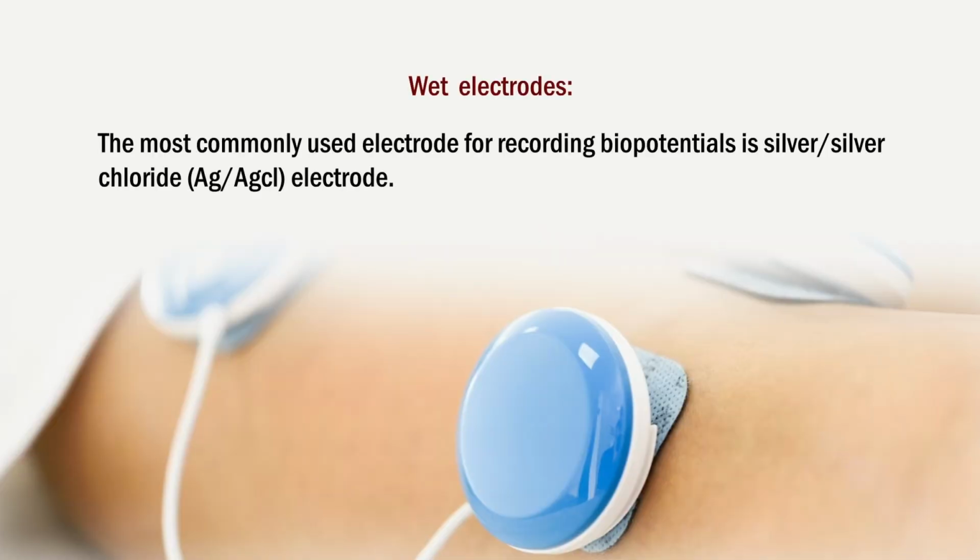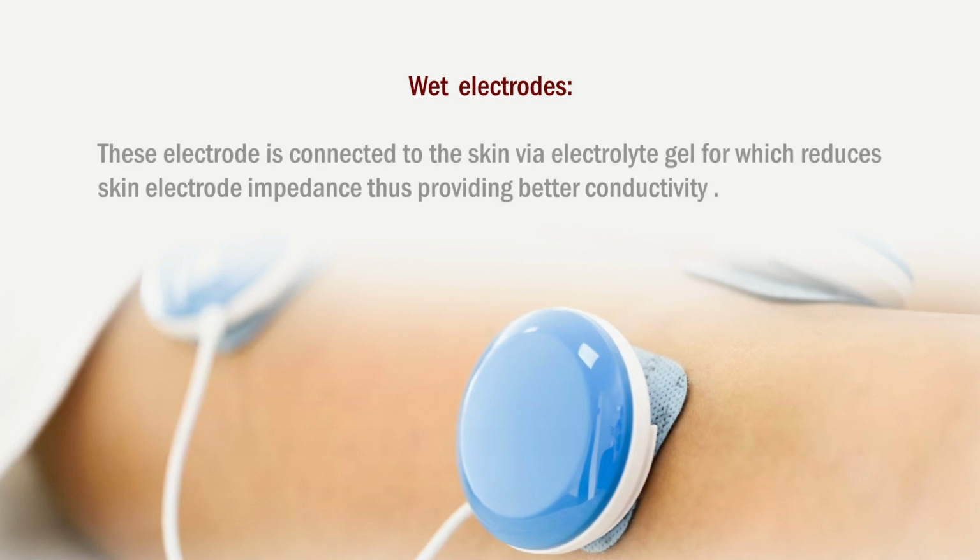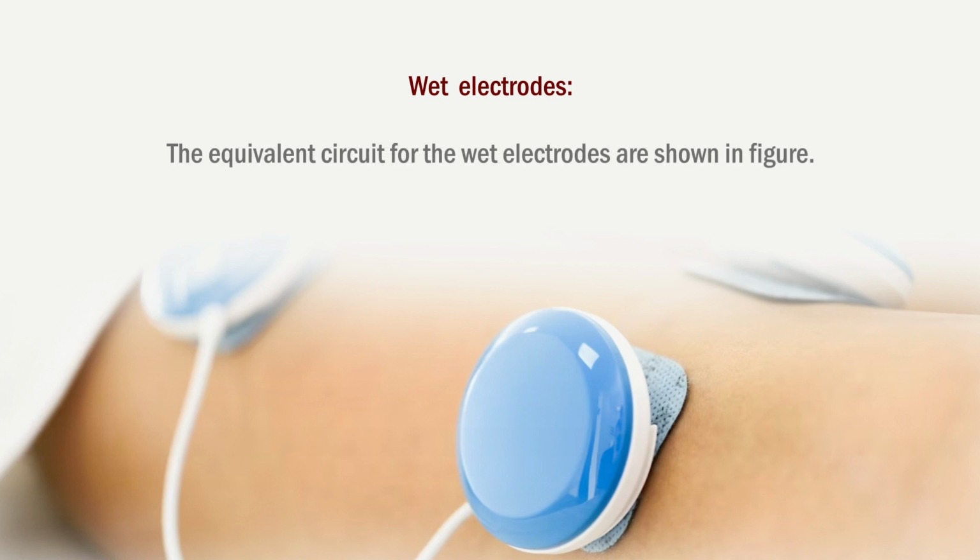The most commonly used wet electrode for recording of biopotential signal is the silver chloride electrode. This electrode is connected to the skin via electrolyte gel, which reduces skin electrode impedance, thus providing better conductivity. The equivalent circuit for the wet electrodes is shown in the figure.